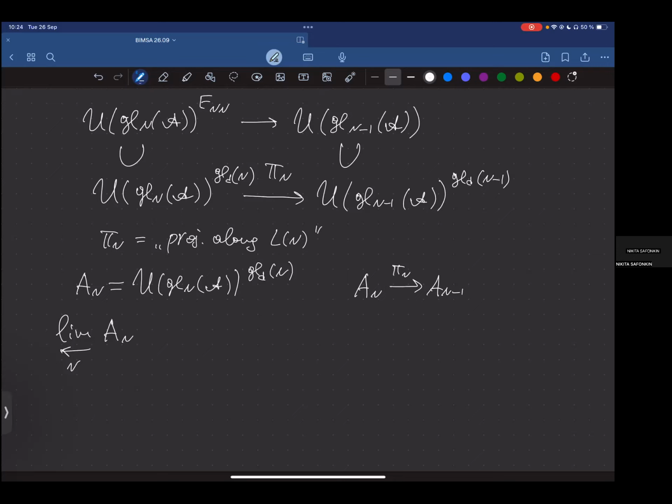And in this projective limit, in fact, we would like to consider a subalgebra, which will be denoted by Yd of A, and it is going to be a Yangian-type algebra.